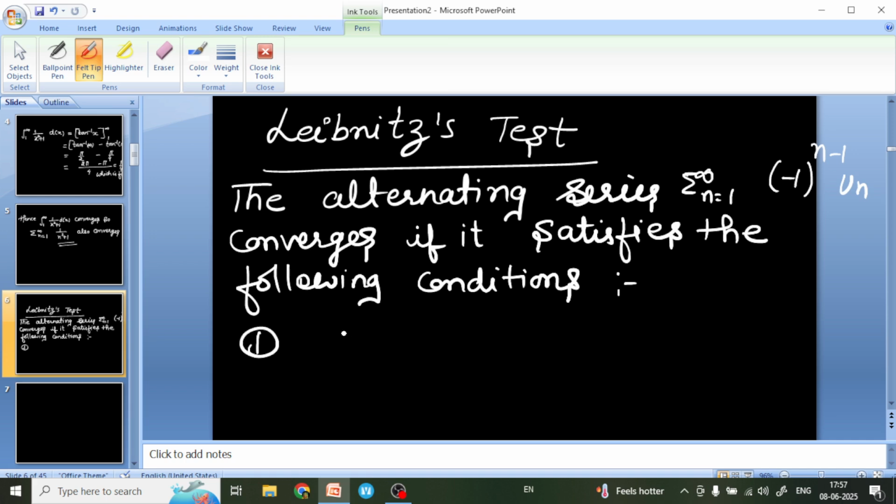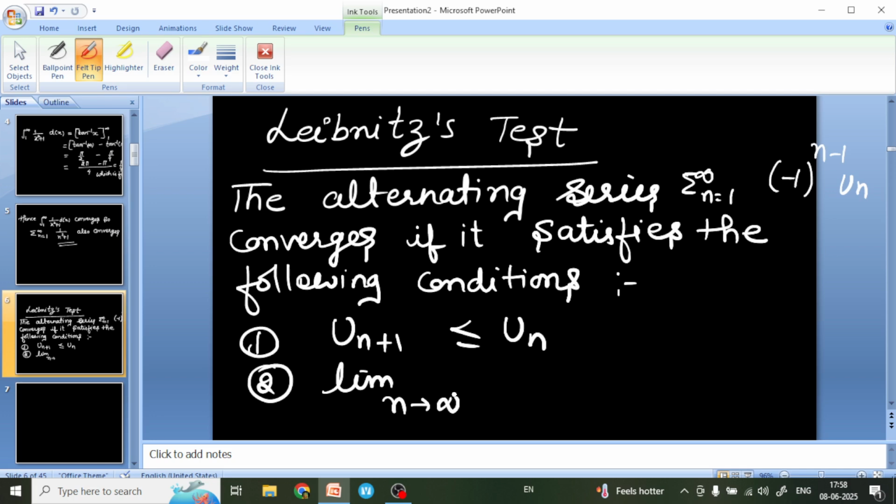First is un plus 1 is less than or equal to un, and second, limit n tends to infinity of un is equal to 0.